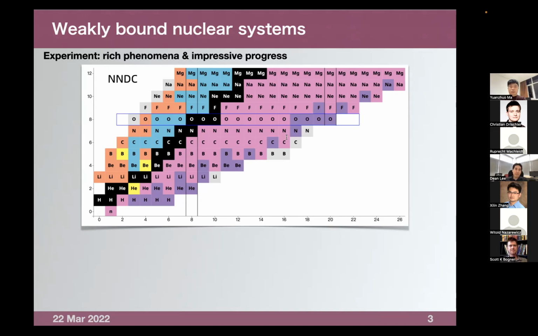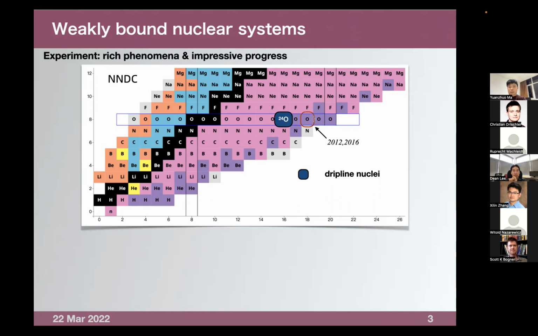One famous anomaly is the oxygen dripline, which was pinned down around 20 years ago. From then on, people have been working hard to explore more of this neutron-rich region. In 2012 and 2016, people observed the nearly unbound oxygen-26.